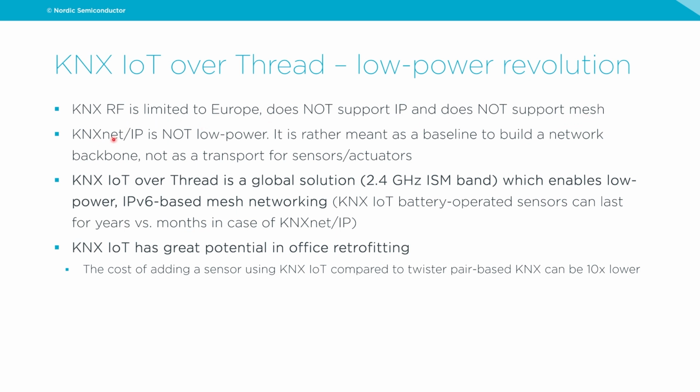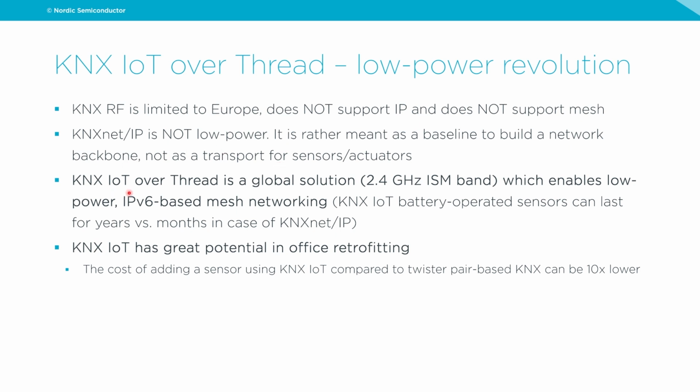On the other hand, the KNX IP transport is not low power. So this transport is meant more as a baseline for building infrastructure like a network backbone, and not as a transport you directly connect to a sensor, an actuator, or other types of devices, especially battery powered devices.